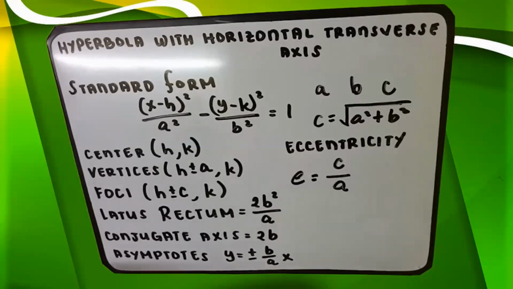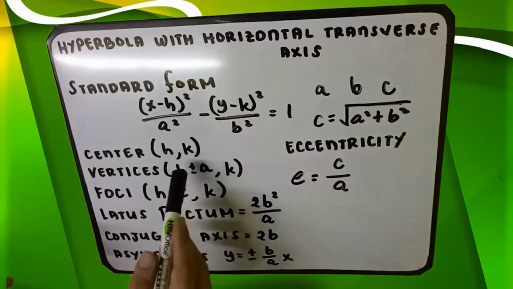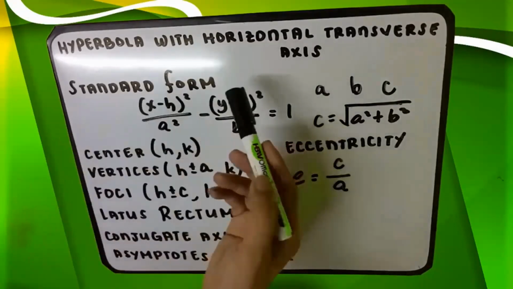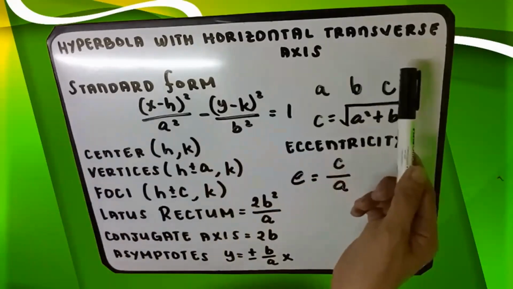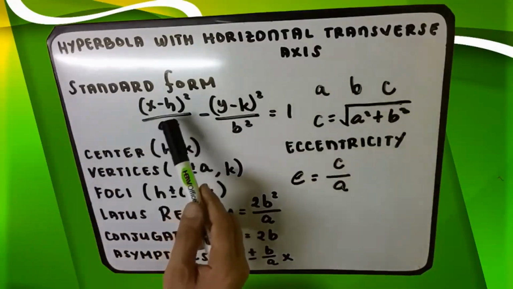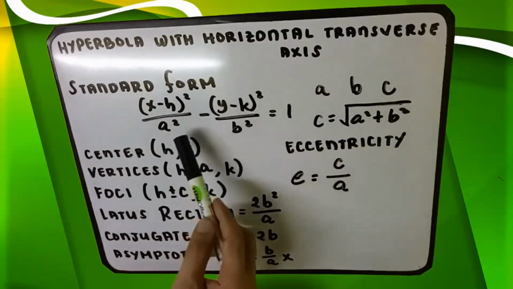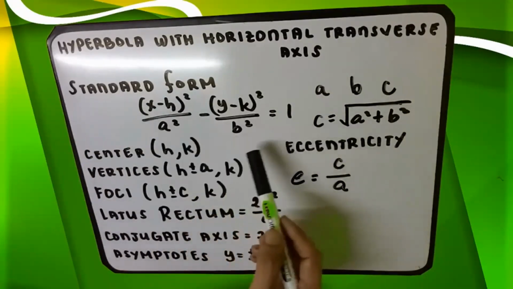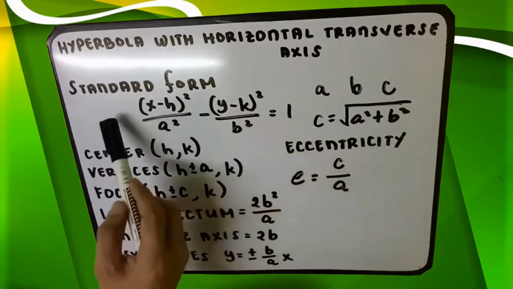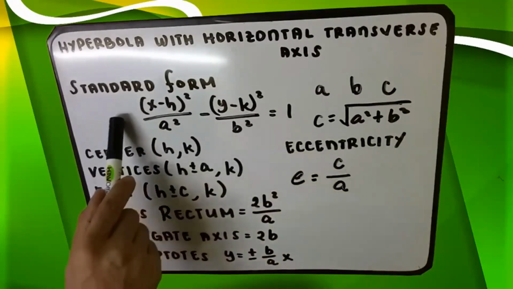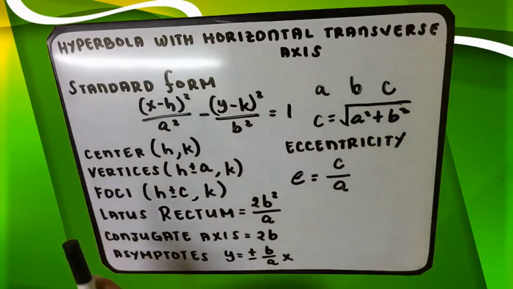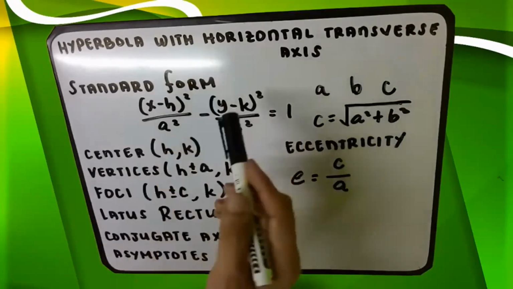So for the center sa horizontal transverse axis, that is the H and the K. And then for the standard form pala muna, for horizontal transverse axis, we will use quantity x minus h square all over a square minus y minus k square all over b square equals 1. So this is the standard form of horizontal transverse axis ng hyperbola.